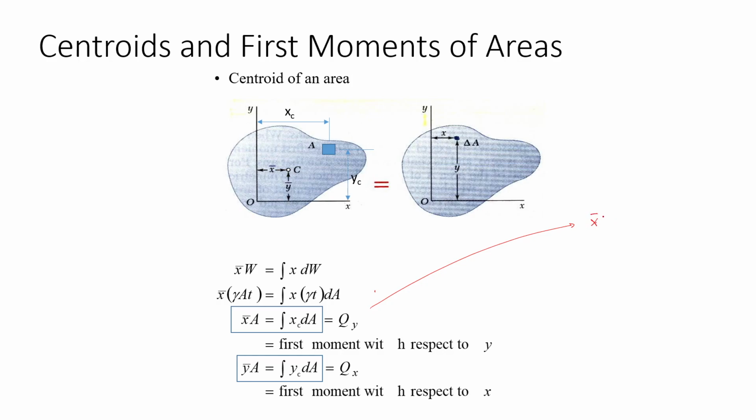So you can also read it as bar x. Area is equal to the integral of x sub c and then differential area. Okay, so notice that you have here an area in the formula. So meaning we're going to look for the area.